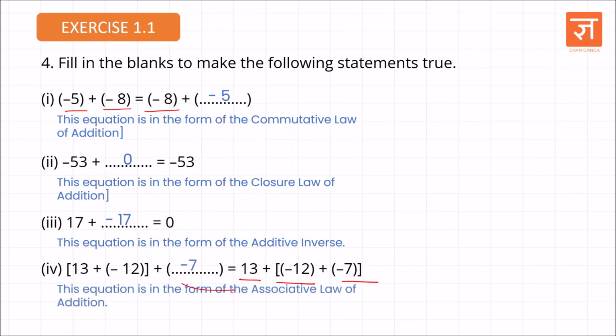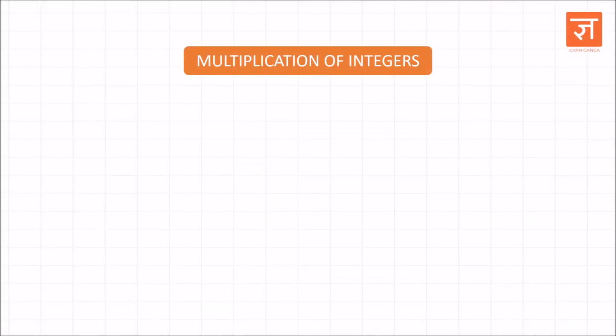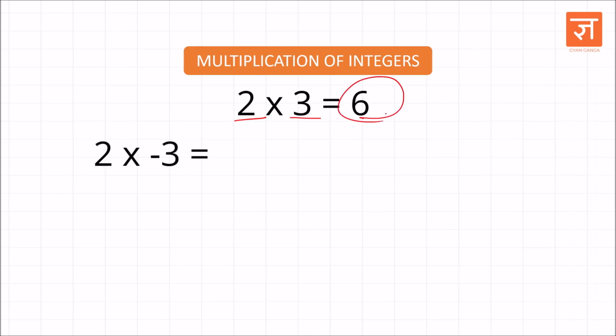Now let us learn about the multiplication of integers. How do we do it? 2 into 3, we all know these both are positive integers, so we do simple multiplication, we get 6. 2 into minus 3, we got minus 6. Minus 2 into 3, again we got minus 6.